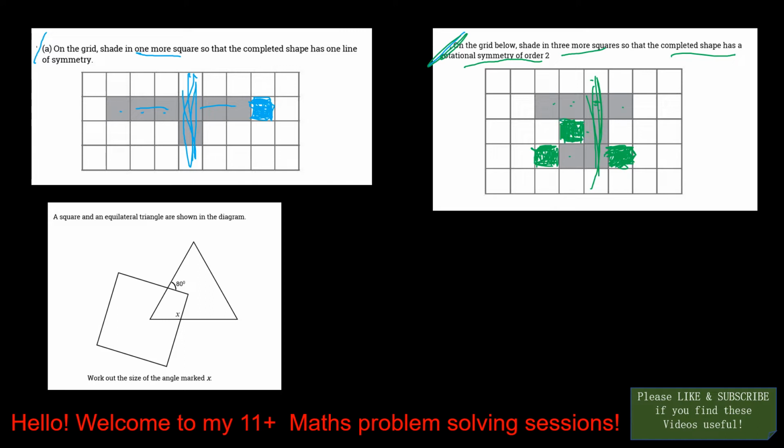If we have another shaded square here, then not along this line, but if we go about this one, we have an equal number of shaded squares to the left and right. This shape now looks something like an eye.